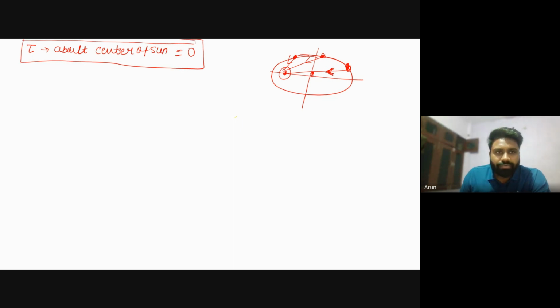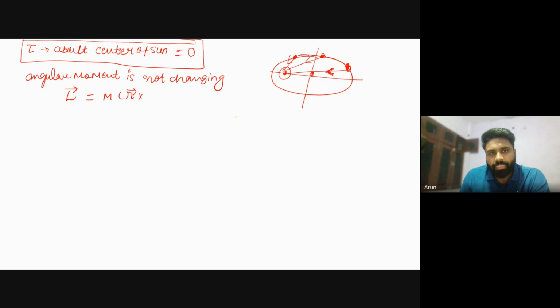And if torque is 0, we can say that angular momentum is not changing. If angular momentum is not changing, we can say that this L vector, which is nothing but m r cross v, that is mvr sin theta, remains constant. So it is a constant quantity.